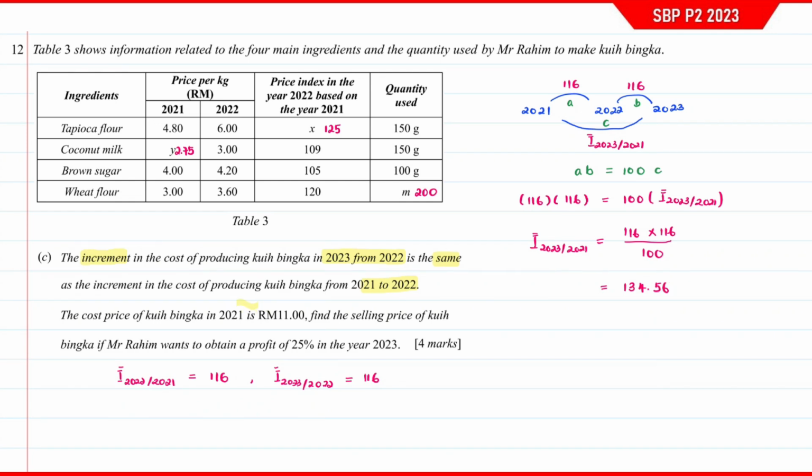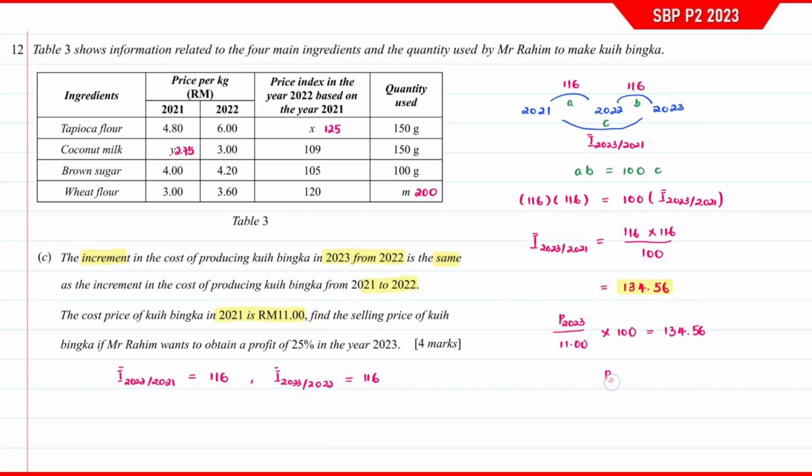So here we know the cost price of the kueh bingka in 2021 is 11 ringgit. So now with this composite index, we can find the price in the year 2023. So here the cost price in the year 2023 divided by 11 multiplied by 100 is equal to 134.56.